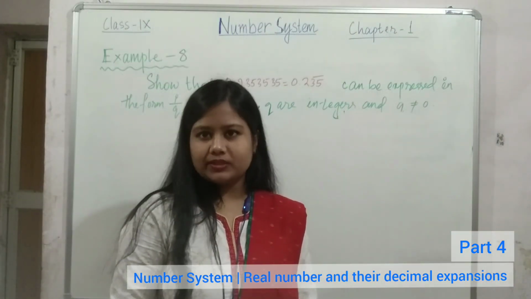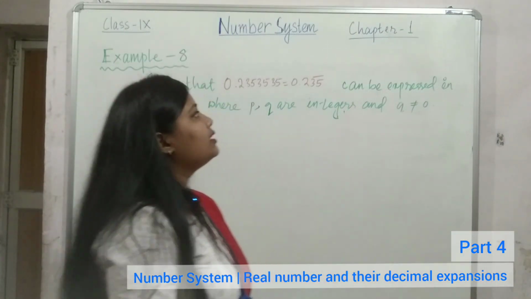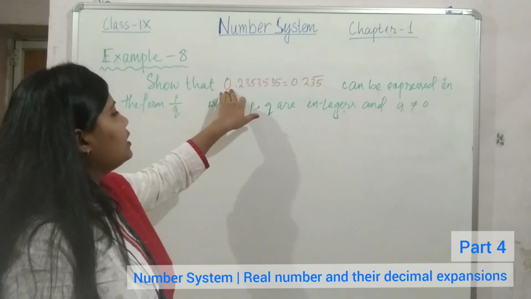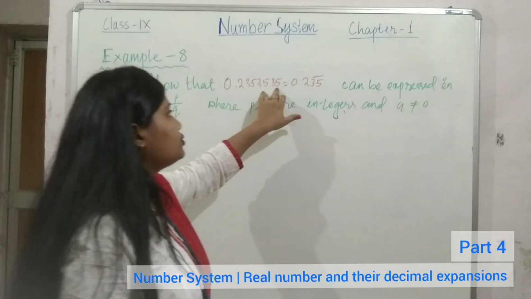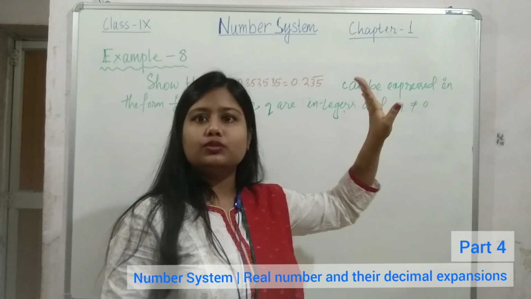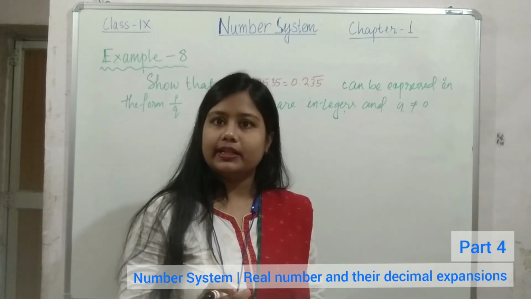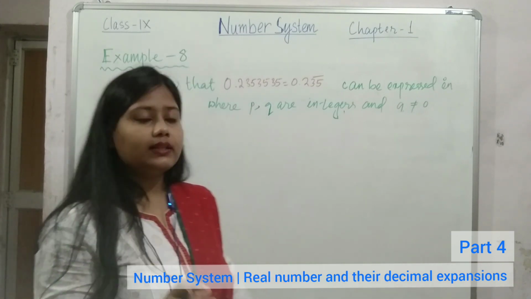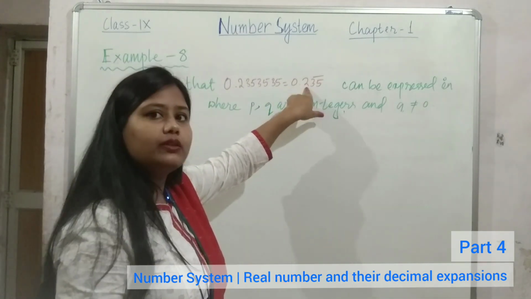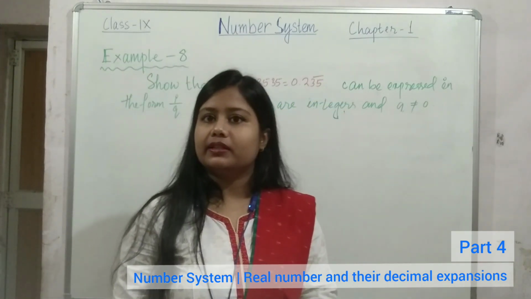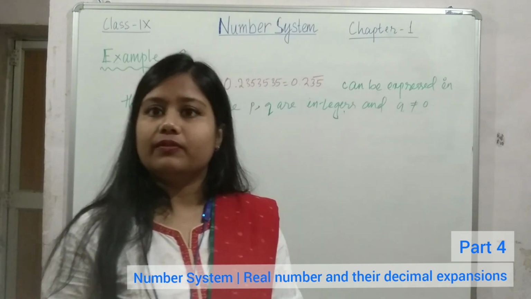Now let us move towards example 9, and here the number given is 0.235235, meaning 0.235 bar, where the bar is over 35 only. Just notice that here 2 is not repeated, only the block 35 is repeated. So how to solve it?